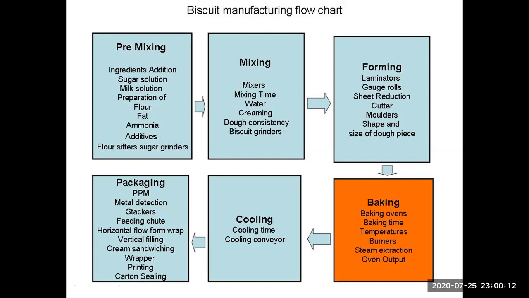All of these are used in packaging, and you are getting an idea through these different materials of how this process works in that step. So that is our biscuit manufacturing process, the six steps: pre-mixing, mixing, forming, baking, cooling, and packaging.